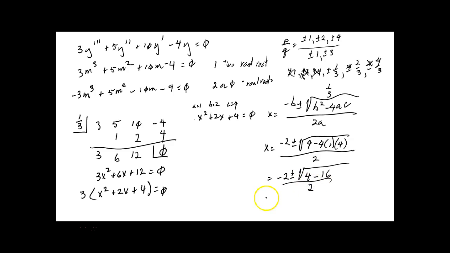So let's clean that up as much as we can. Minus 2 plus or minus the square root of negative 12 over 2, which is minus 2 plus or minus. Now, can we find any perfect squares hiding in 12? 2 isn't a perfect square. 4 is. Oh, did you mean the square of 2?